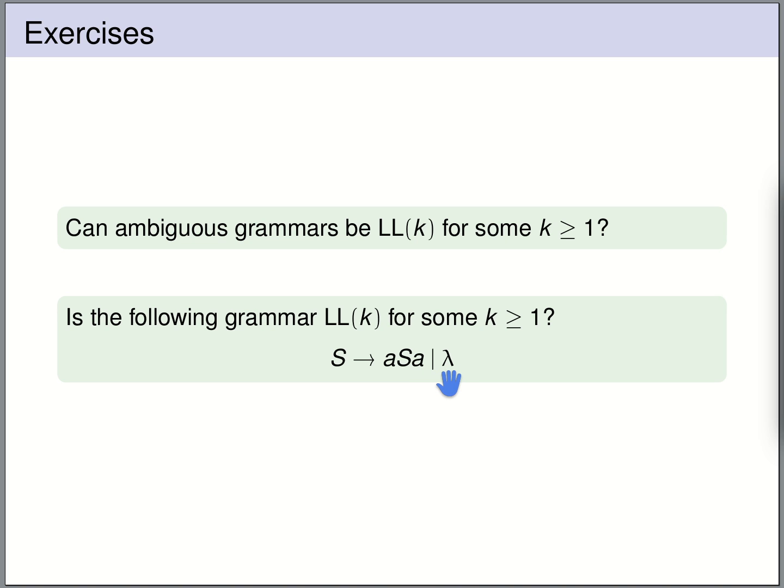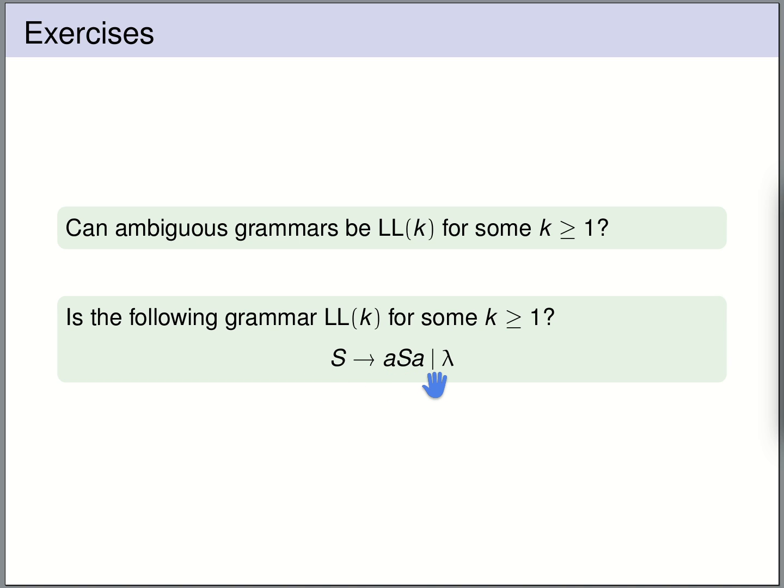We should remove the S. But with the look ahead of k, we cannot decide whether we are before or after the middle. So also this grammar cannot be LLK. No fixed look ahead is enough to decide what rule to apply. This grammar that we've seen here is not LLK for any k.